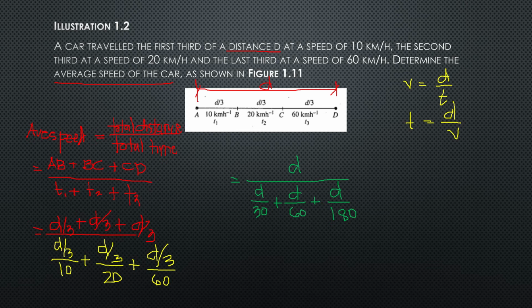D all over 3 divided by 10 is D all over 30. D all over 3 divided by 20 is D all over 60, and D all over 3 divided by 60 is D all over 180.